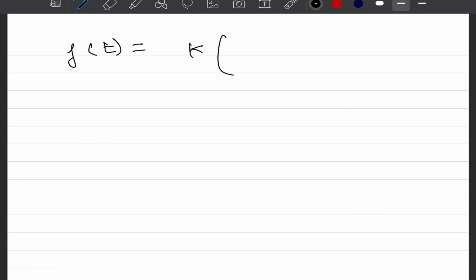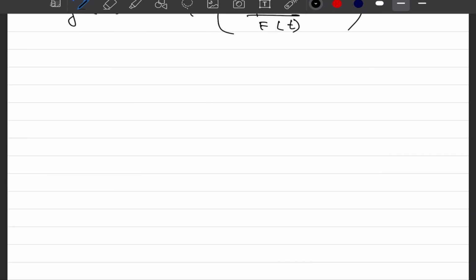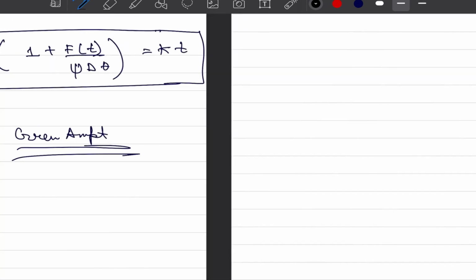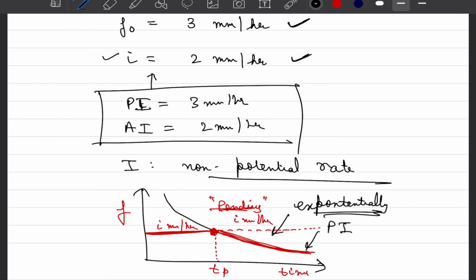So we already developed an expression for Ft, that is, Ft is equal to K times phi delta theta divided by Ft plus 1. And the question is, can we determine at what time this ponding will start? That is when the precipitation rate curve and the potential infiltration curve will intersect.